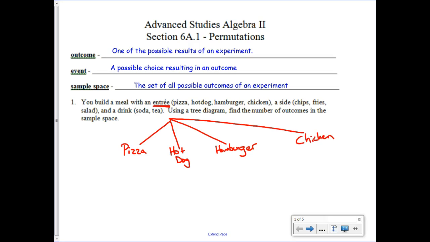Then for every entree that we get the choice of one side. So if we choose pizza, we could choose chips, we could choose fries, or we could choose salad. So for each of these, we have those 3 options.